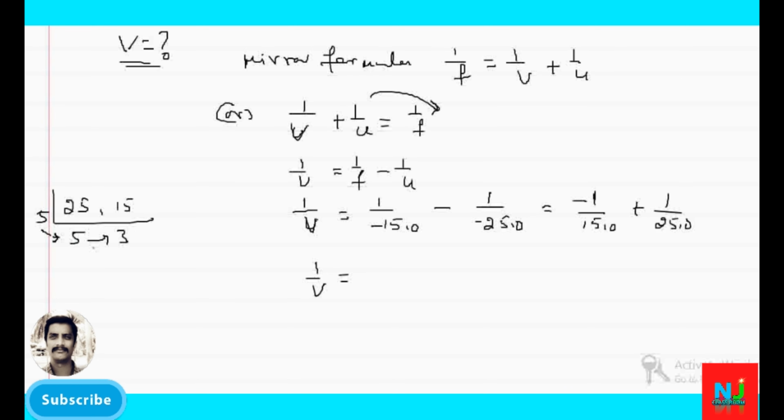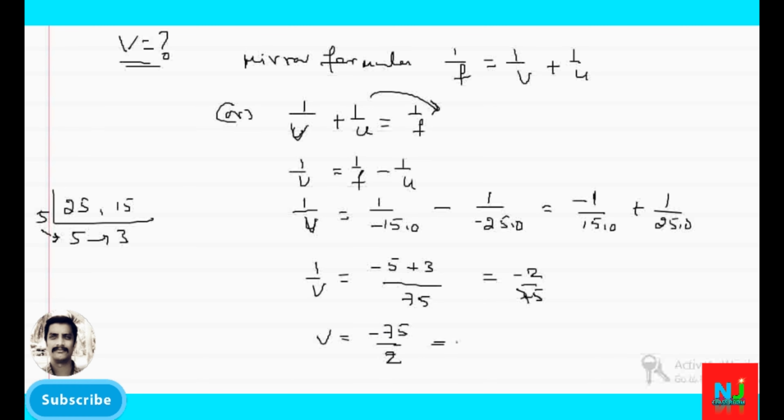So 5 fives are 25, then 25 times 3 is 75. Okay, 75 is the LCM. 75 divided by 15 is 5, that is minus 5. 75 divided by 25 is 3, that is plus 3. So it is equal to minus 2 by 75, or v is equal to minus 75 by 2.